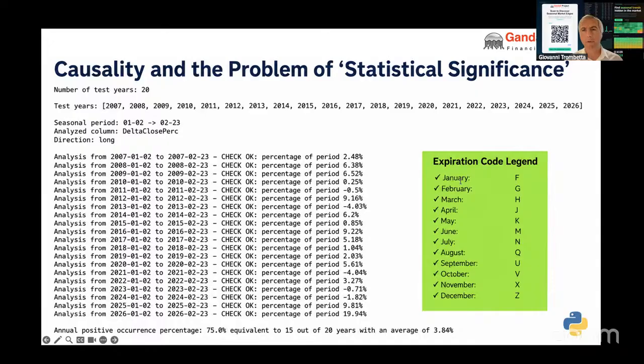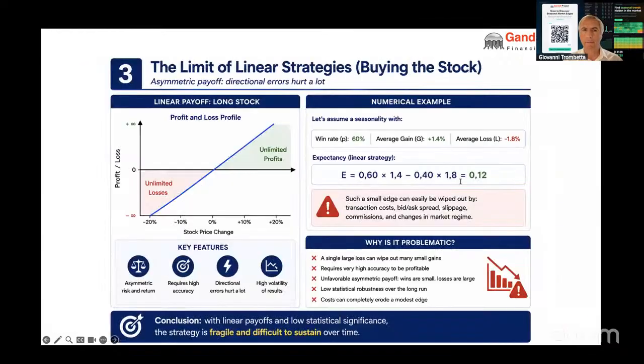That even if we have 75% of the times in which we have a good tendency on increasing prices, we have just 20 samples that, from a statistical point of view, and for sake of clarity, wouldn't be enough.